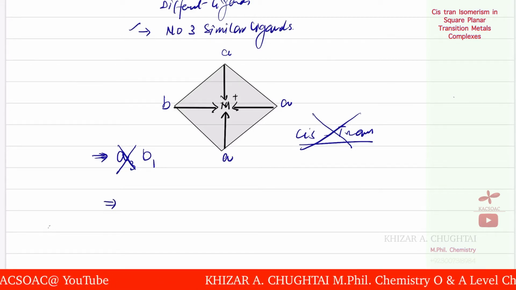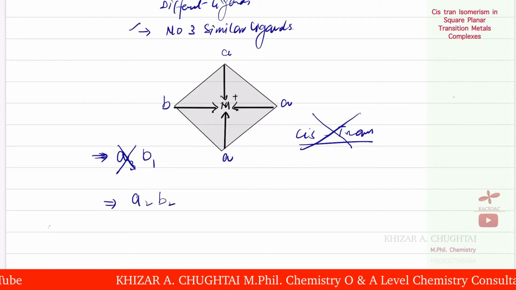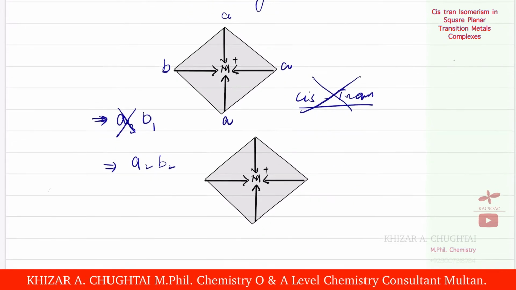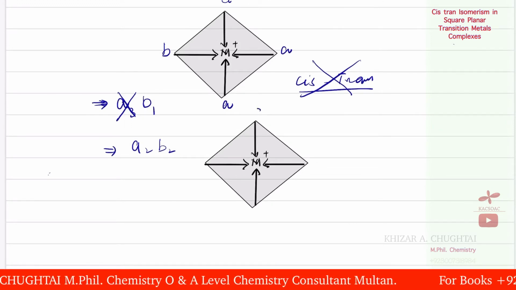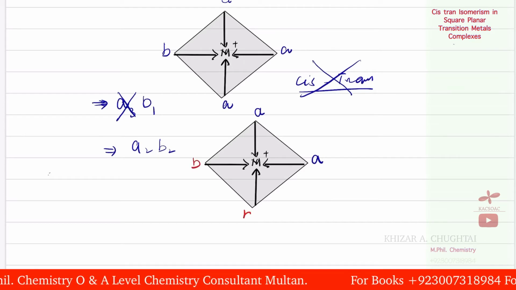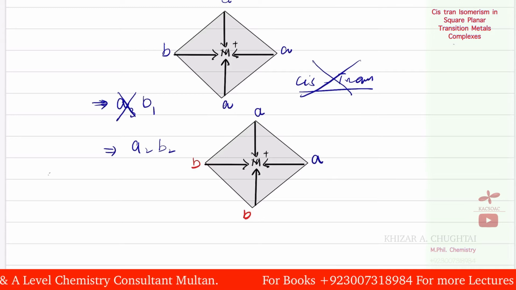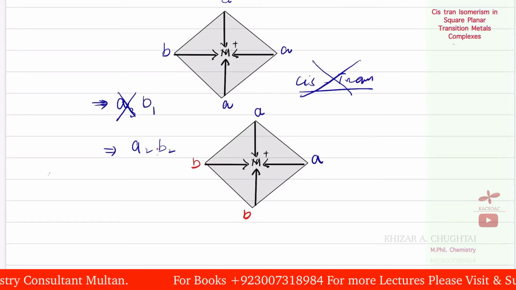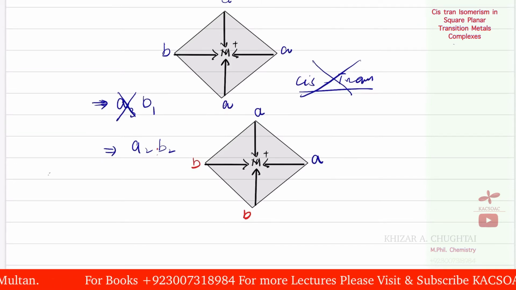So the second case, the possible case, is A2, B2 ligands. For example, A, A, and B, B. Now this complex has 2 types of ligands, in a 2:2 ratio, so this complex may exhibit cis-trans isomerism.